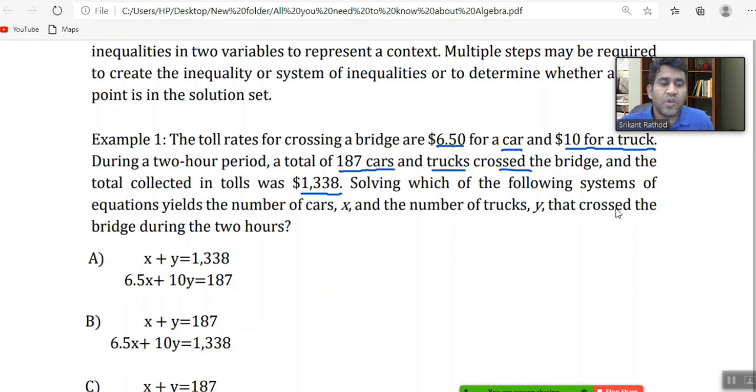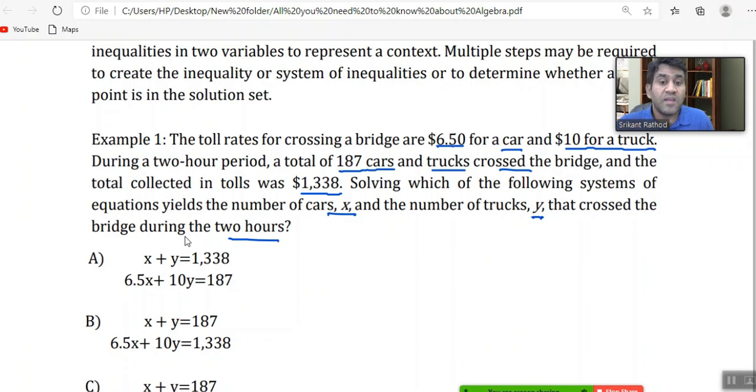Which of the following systems of equations yields the number of cars x and the number of trucks y that crossed the bridge during the 2-hour period, right? So this is a word problem involving two unknowns, the cars and trucks, and they mention to use the letter x for the number of cars and y for the number of trucks.